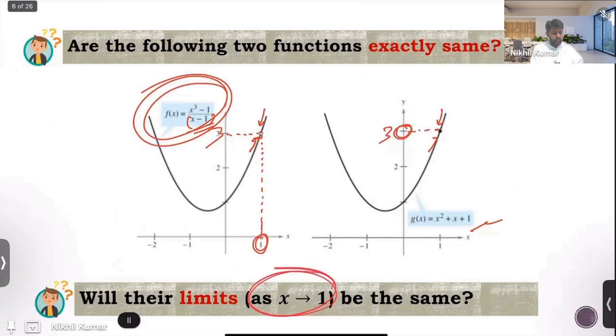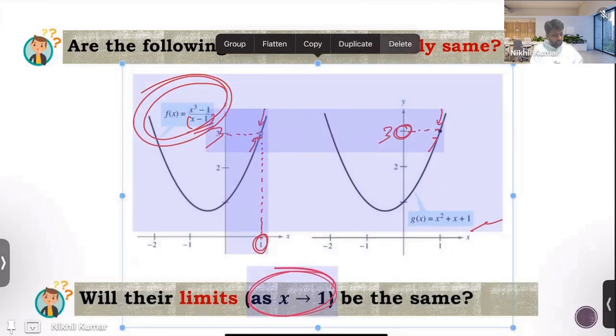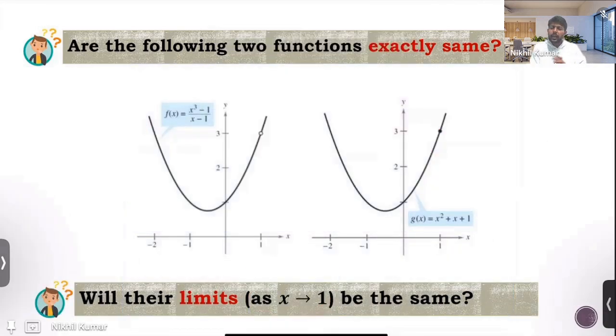Let's look at this once more. We have f of x and g of x. They are exactly identical. Even the graphs are identical. You can simplify one to get the other. But there's only one point of disagreement.